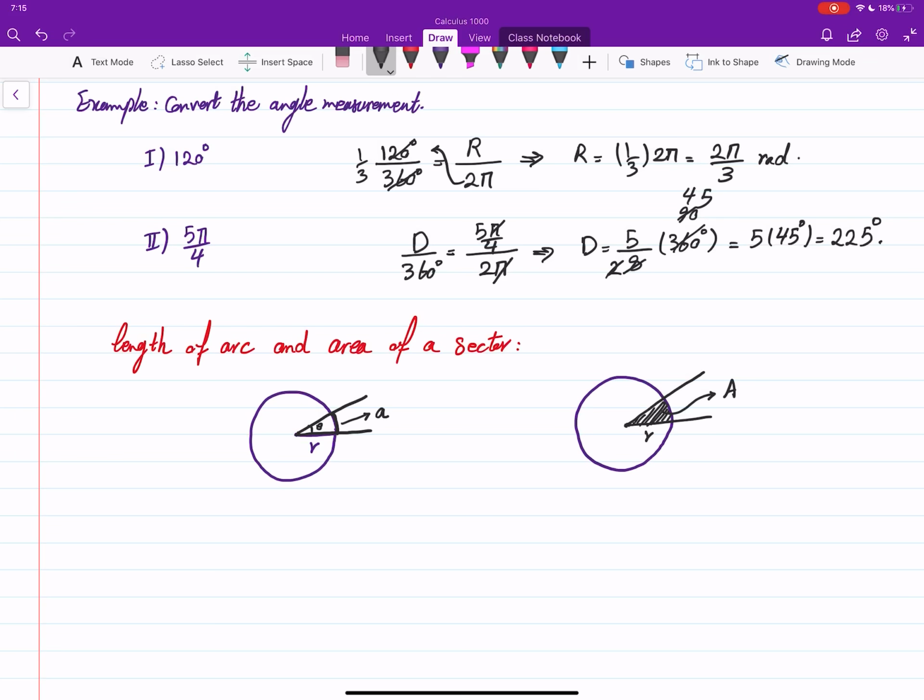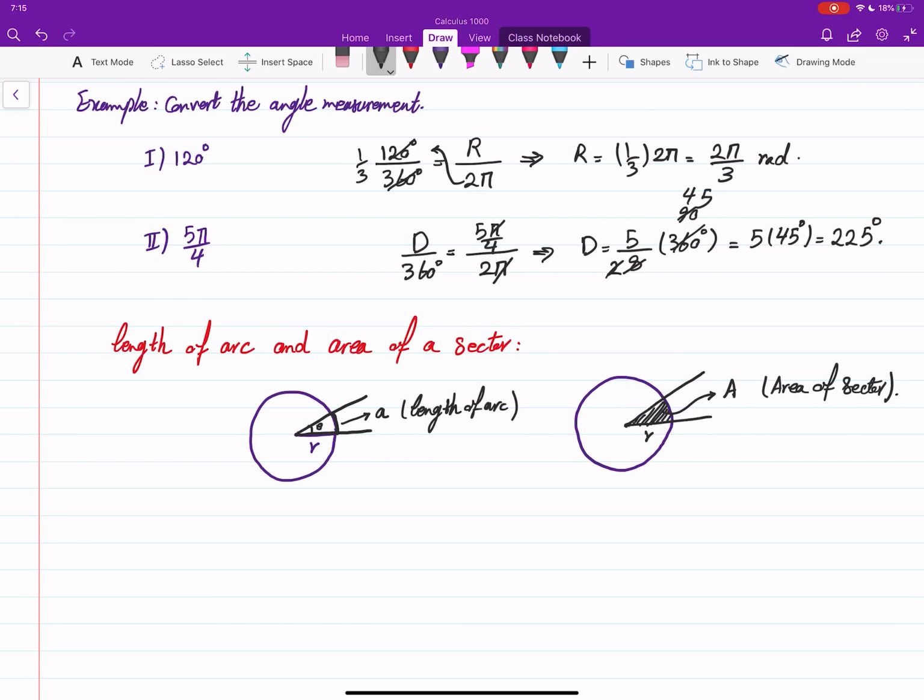What is the area of that? So this is the length of arc, this is the area of a sector.